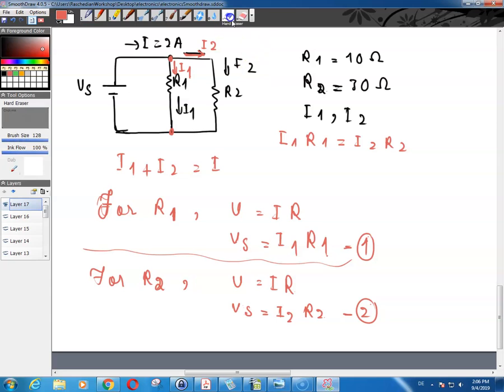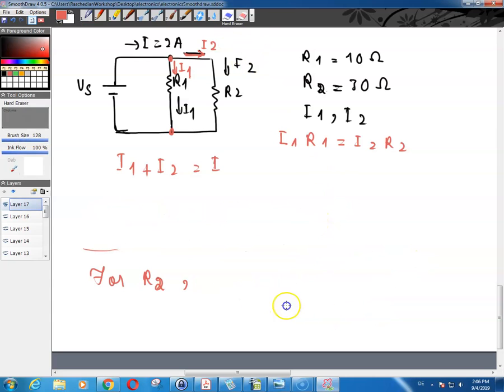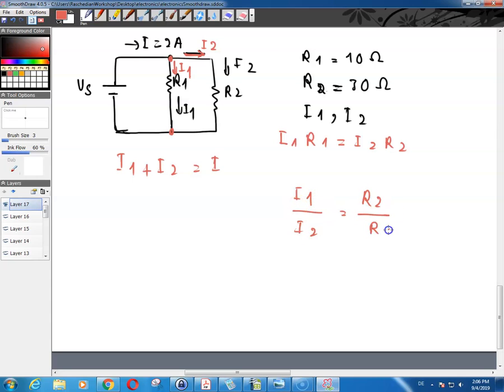That's the same relationship we had before, which we wrote as I1 to I2 is equal to R2 to R1.